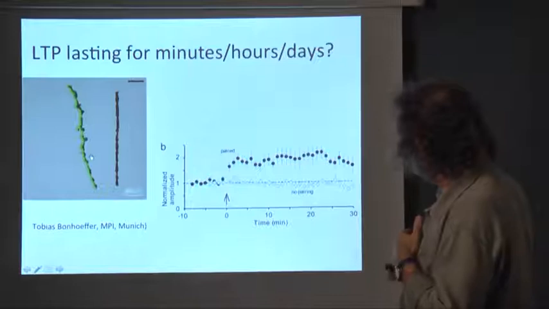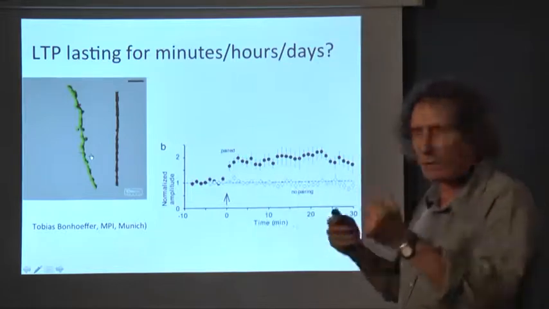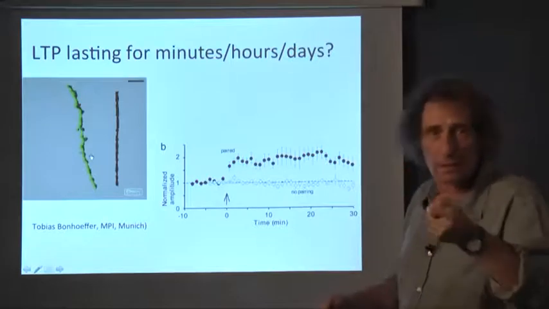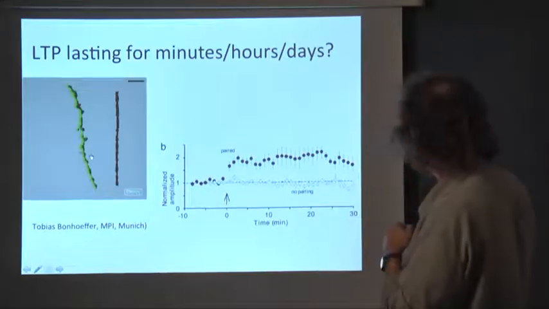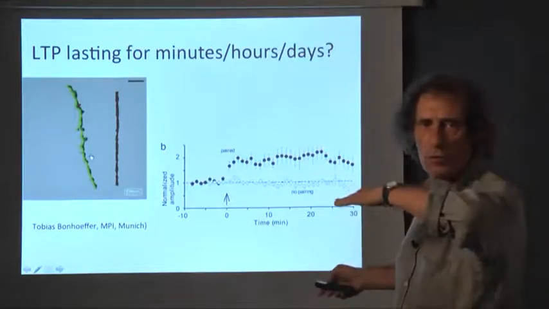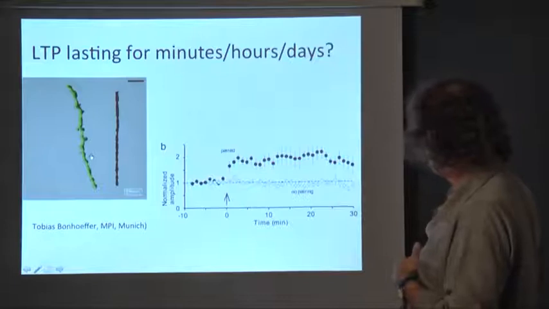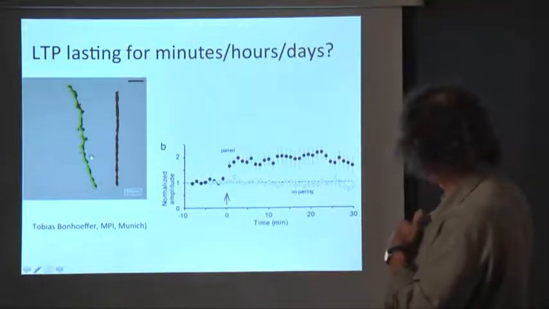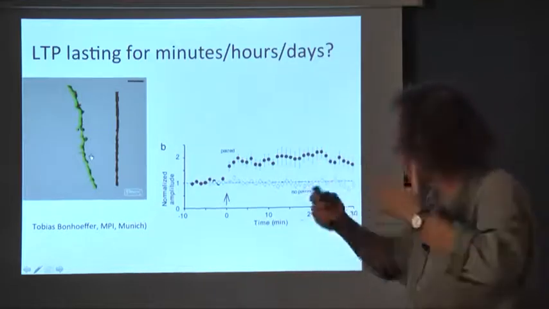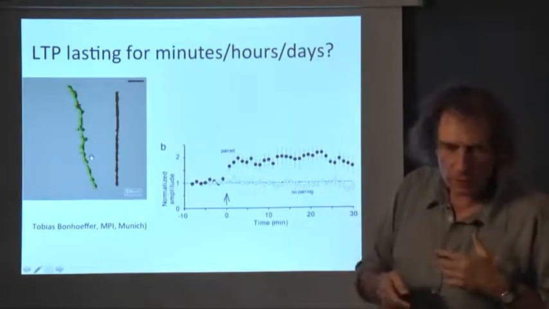Eventually, after enough stimulation, after enough pairing, pre and post, either due to generation of new synapses or due to generation of enhanced efficacy of a given synapse, you see that the synapse, which before was at its control normalized strength, becomes stronger, and when it becomes stronger, it persists, as you see, for many, many minutes, half an hour and more. And this happens relatively fast. After several stimulations, suddenly a new spine appears or the existing synapse becomes stronger.